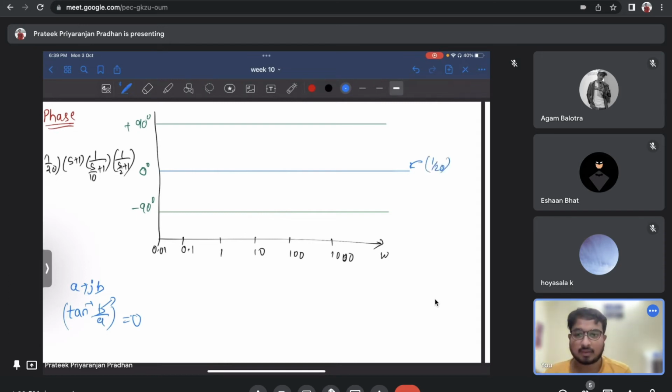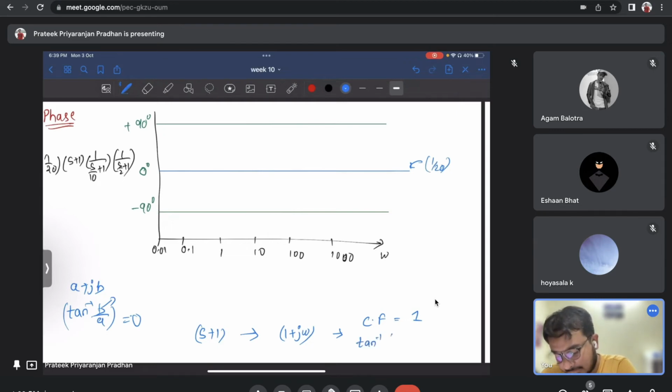Okay. So what about s plus 1? Now comes s plus 1. S plus 1, I can write it as 1 plus j omega. So when I write it as 1 plus j omega, the corner frequency is at 1, and at the corner frequency, what is the angle?